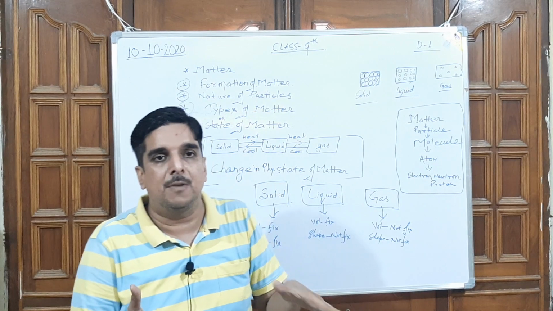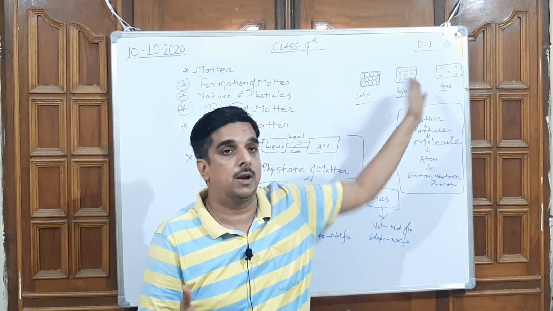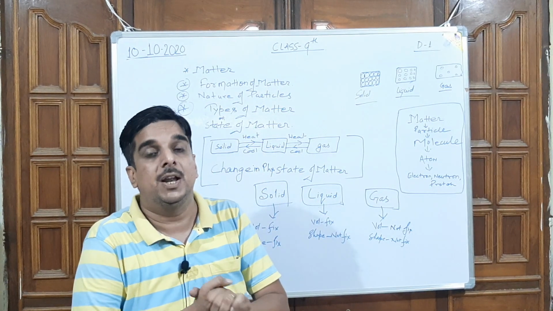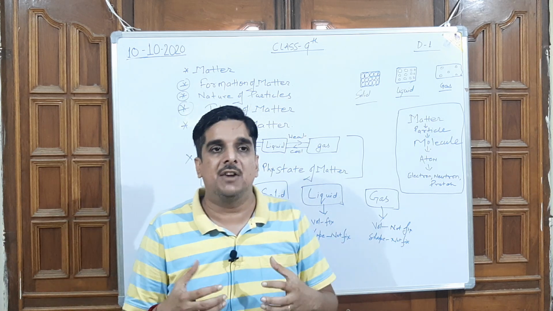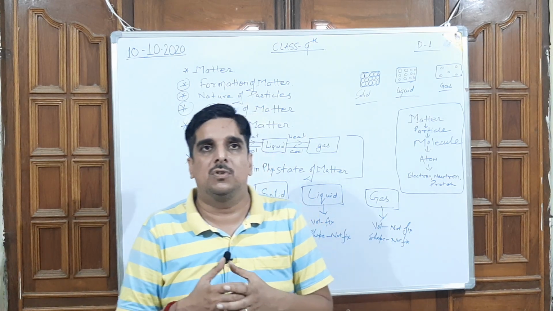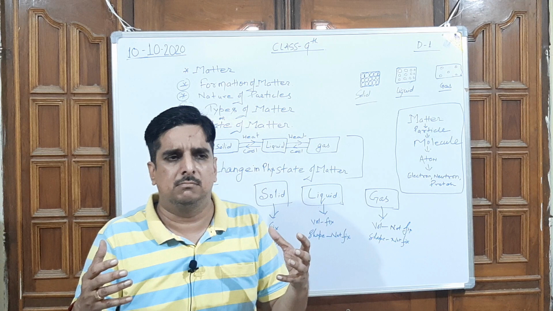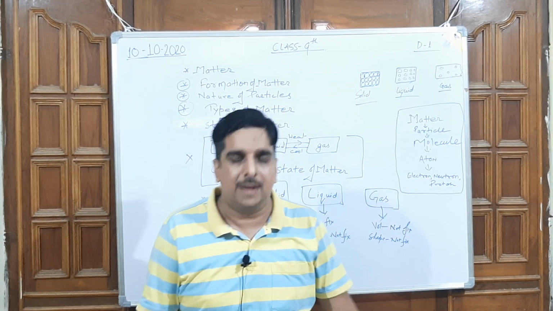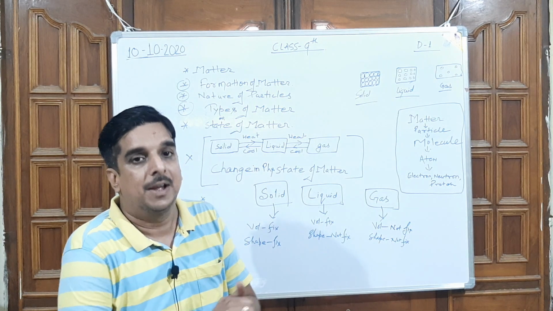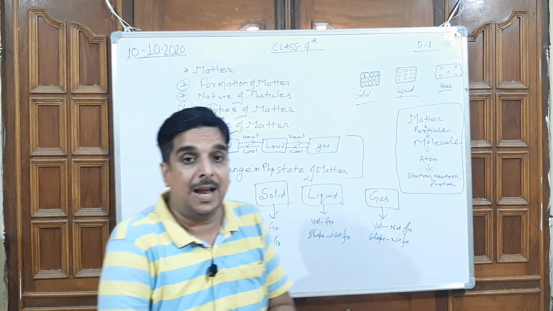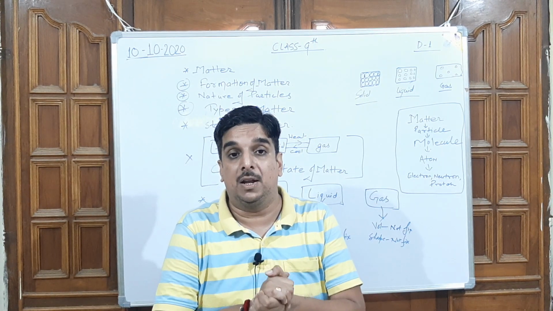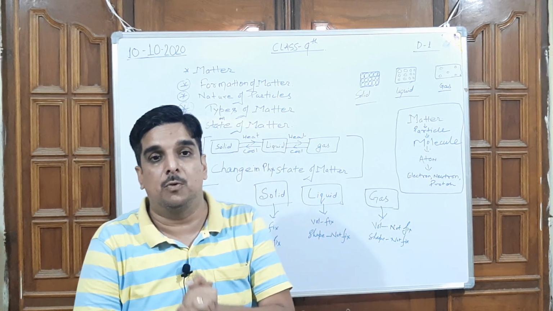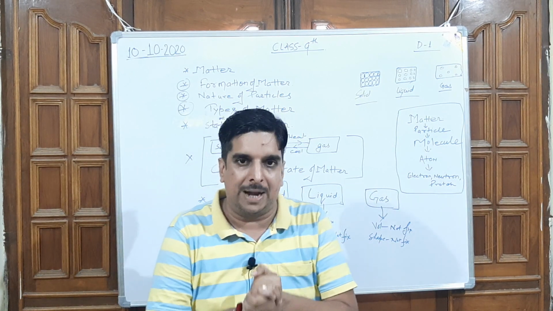With lesser attraction power, they will be responsible for making the state of liquid. And particles that don't have much attraction power will be considered as gas. So the characteristic of the particle plays a very important role in the formation of matter.